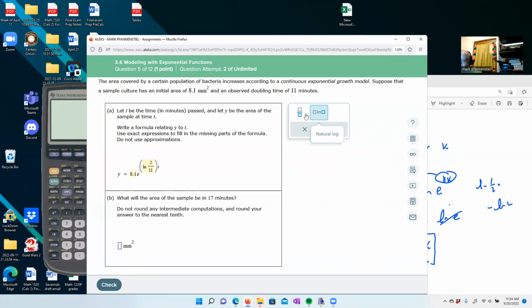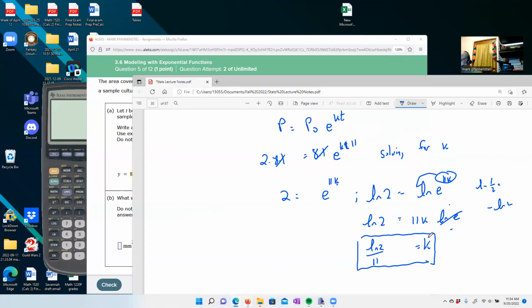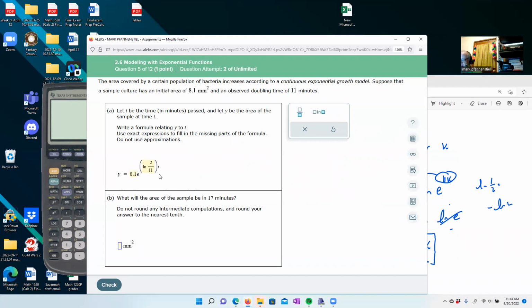I don't like that, because it looks like natural log of 2/11. So what we're going to do is go back and write 1/11 times natural log of 2. That looks a lot better. That's how I want to write this.